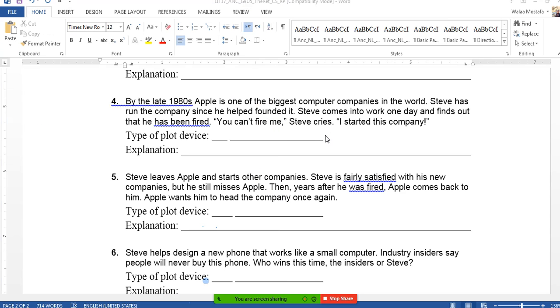The reader is surprised to learn that the Steve of this story is actually Steve Jobs, the owner of Apple, and this company that we are speaking about is the Apple company. So we have two surprises, two unexpected things. Are you still saying that this device is foreshadowing? No. It's situational irony. Okay. Thank you, Ali.